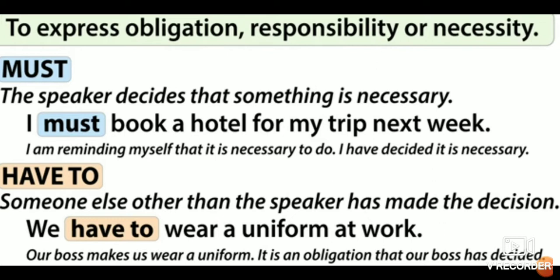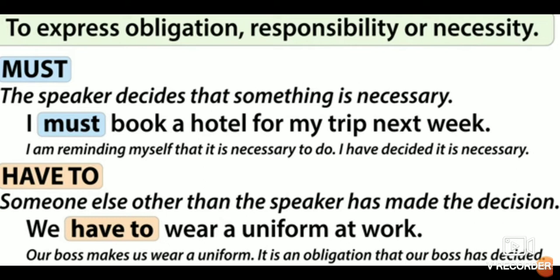And, we have to wear a uniform at work. In this sentence we have used have to. Someone else other than the speaker has made the decision. This is not our decision. Somebody else has made the decision and is telling us to wear the uniform at work.